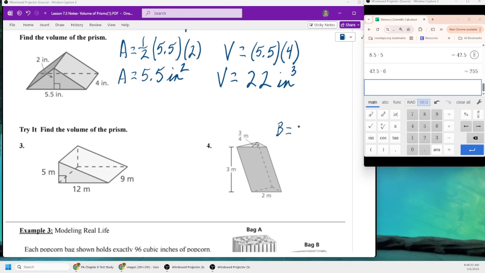So the area of the base for a triangle, it's 1/2 the length of the base, which is 2, and then the height of that base, where that perpendicular is 3/4. So in my handy dandy calculator, I'm going to use 0.5 times 2 times 0.75. And so that gives you 0.75. Did you get 0.75 when you did that?